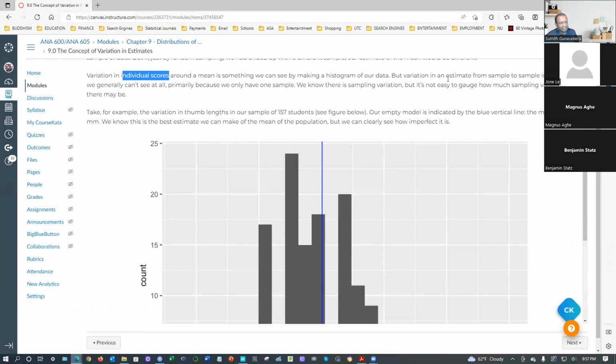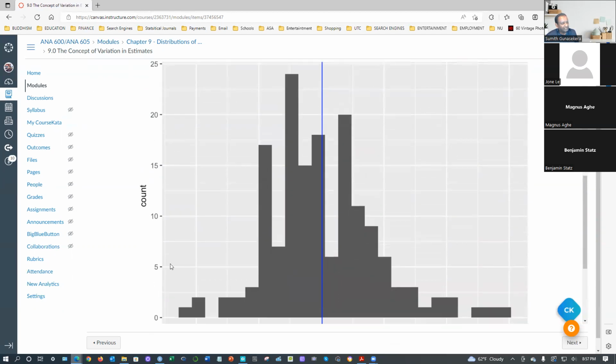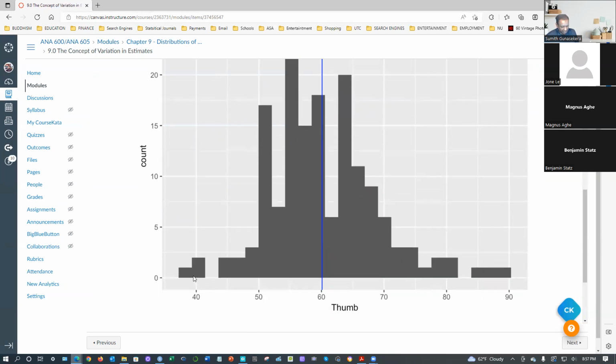But variation in an estimate from sample to sample is something we generally cannot see at all. This is all from one sample. You pick a sample and see how your data, let's say the heights or thumb lengths, vary around the average of this data.